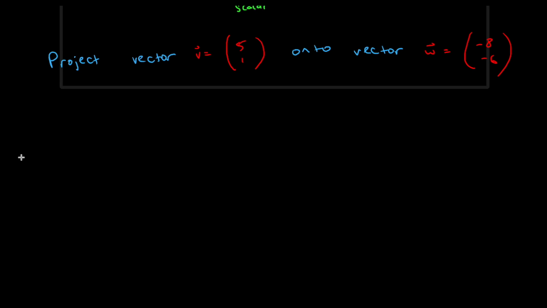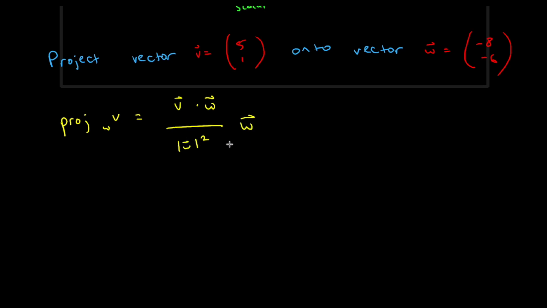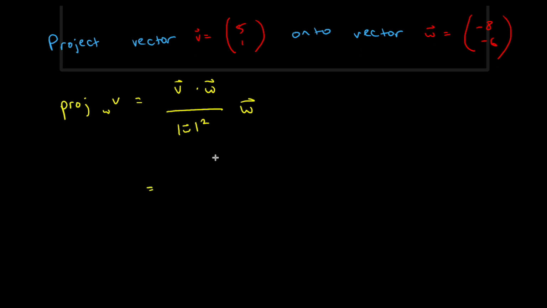All right, so our new problem is asking for projecting the vector v, 5, 1, onto the vector w, negative 8, negative 6. So our projection formula is projection of v onto w, use the dot product of v and w, over magnitude of w squared times w. This gives us, I'm just plugging in our numbers, 5, 1 times negative 8, negative 6 over magnitude of w squared.